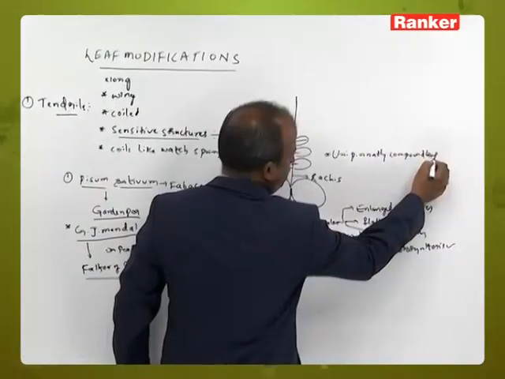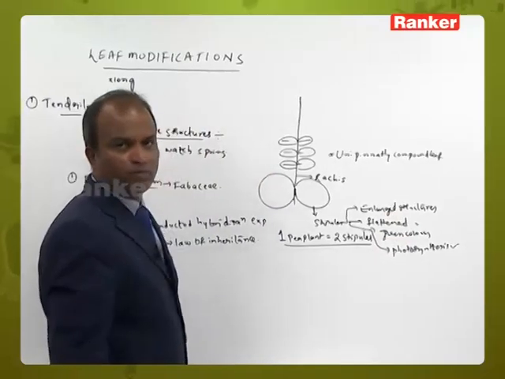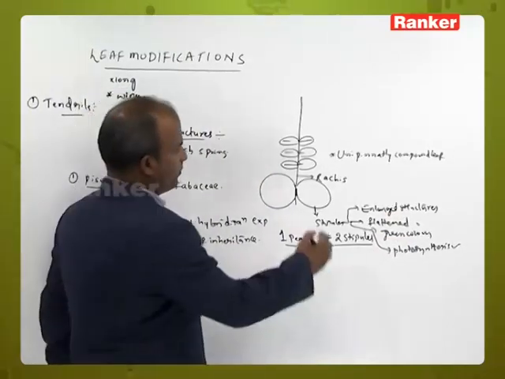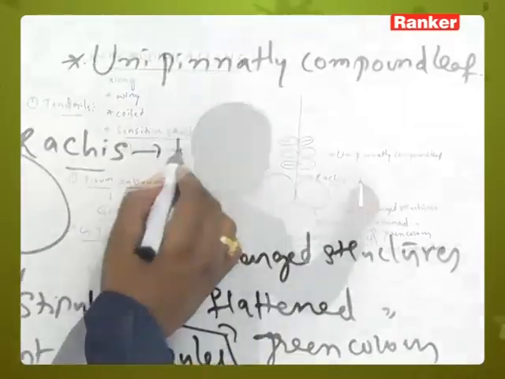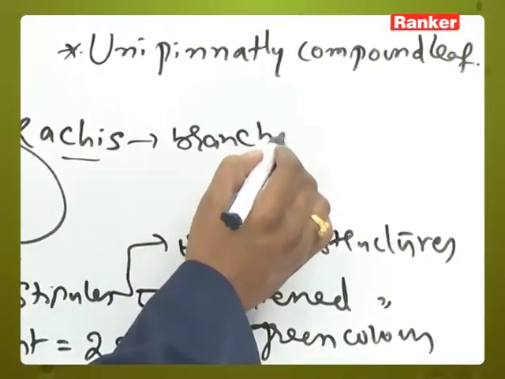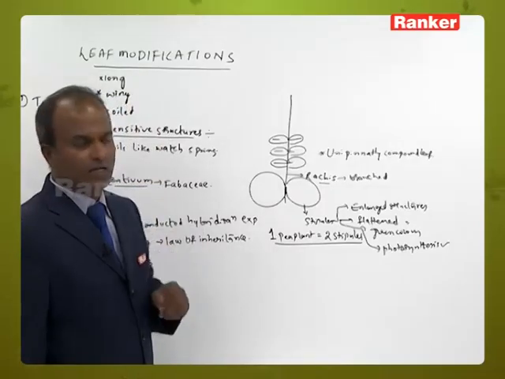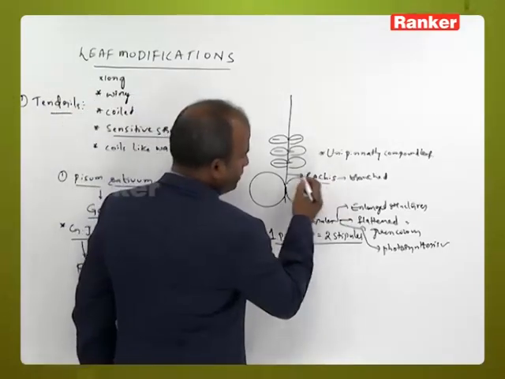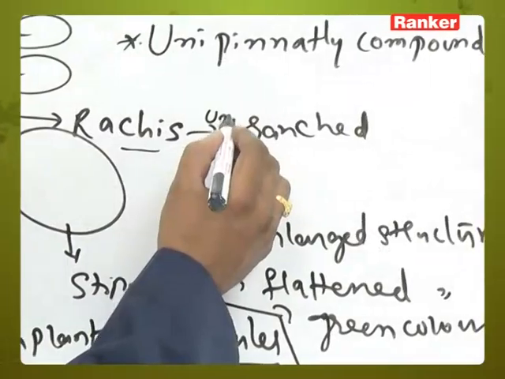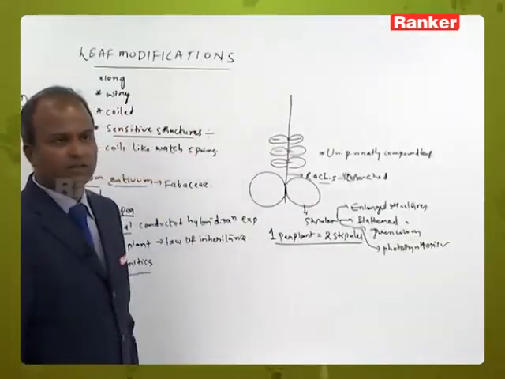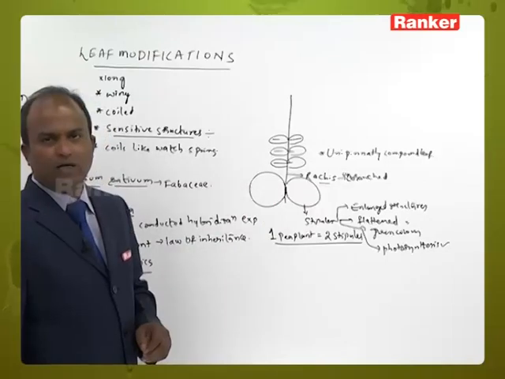If the rachis were branched, it would be called a secondary or tertiary rachis. But here the rachis is unbranched.